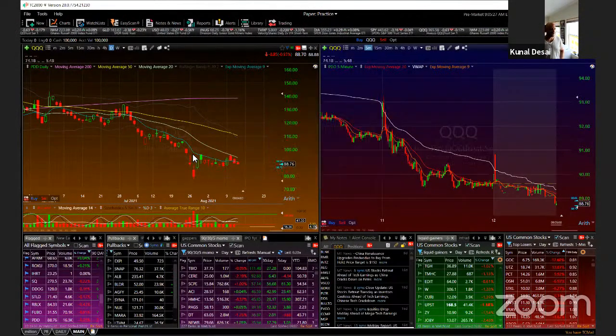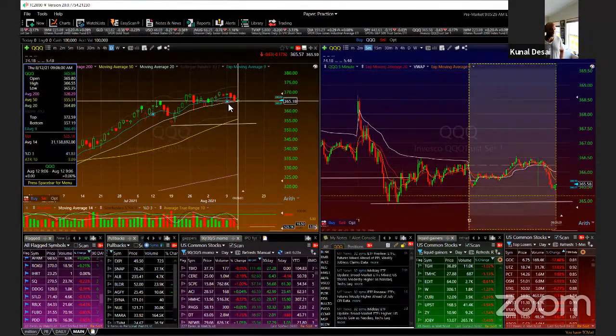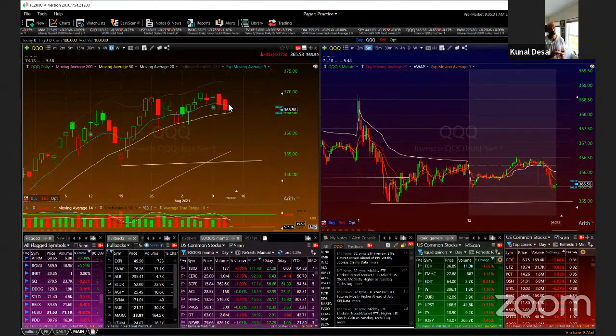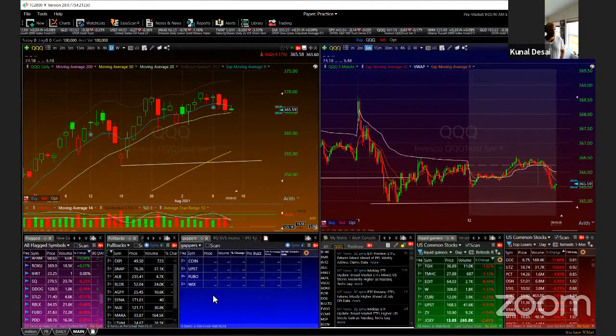And that coincides with what we've been seeing here on the Qs, which is a slow turning of the short-term trend. So that's going to be something we'll have to be really mindful of as we trade today. We are going to potentially have to mix some longs and shorts, just like we did yesterday.